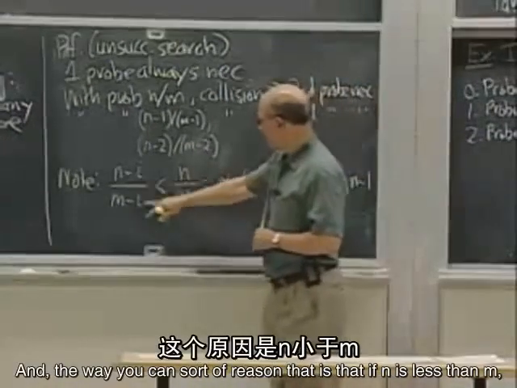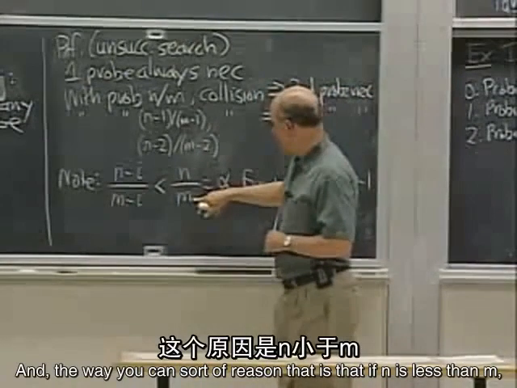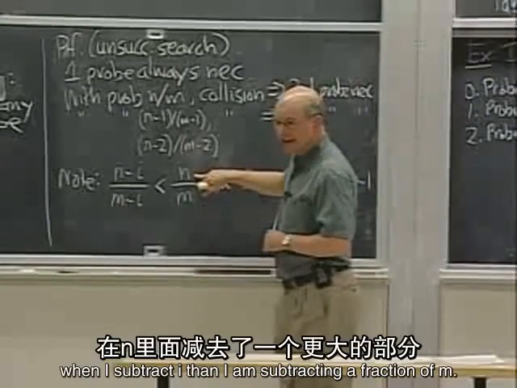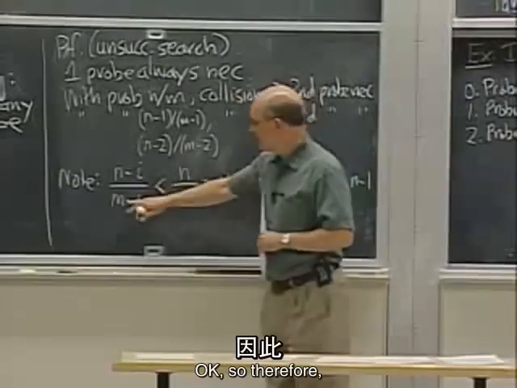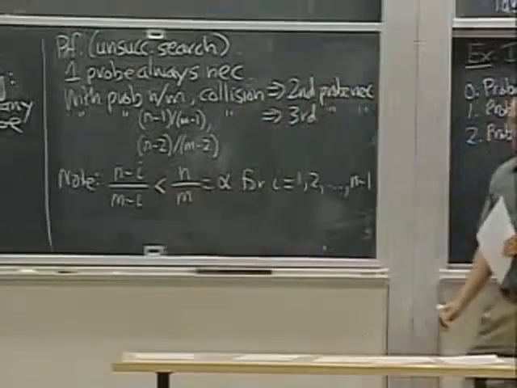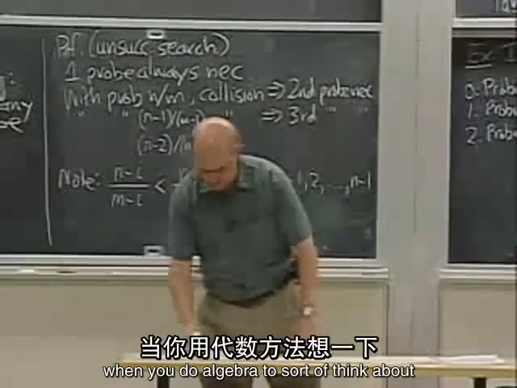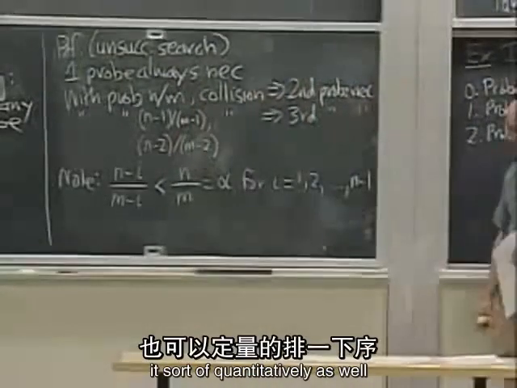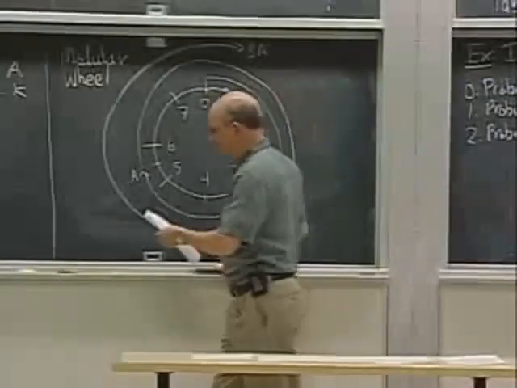And the way you can reason that is that if n is less than m, I'm subtracting a larger fraction of n when I subtract i than I am subtracting a fraction of m. So therefore n minus i over m minus i is going to be less than n over m. Or you can do the algebra. I think it's always helpful when you do algebra to think about it qualitatively as well, what's going on.